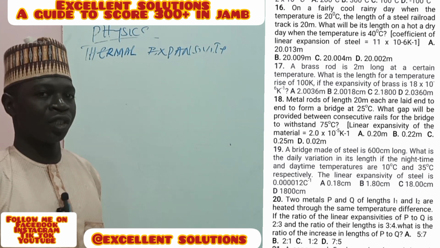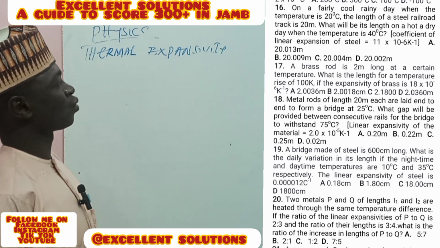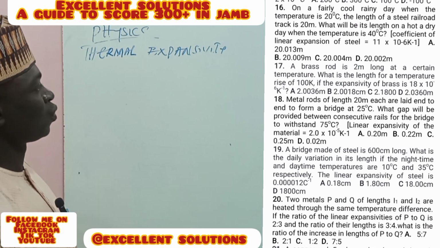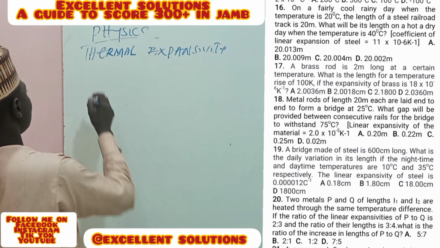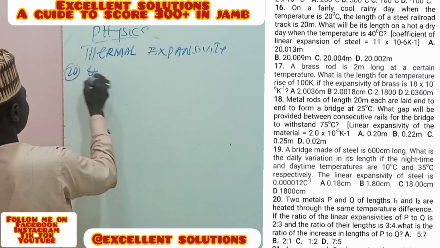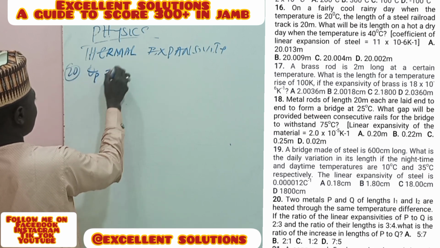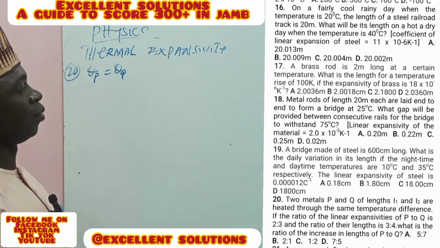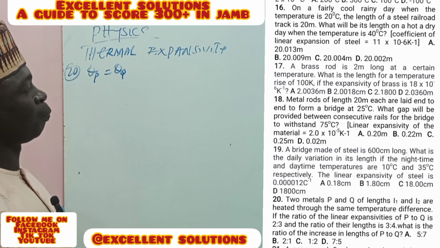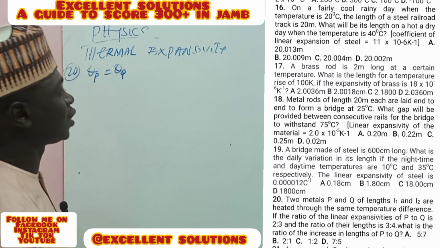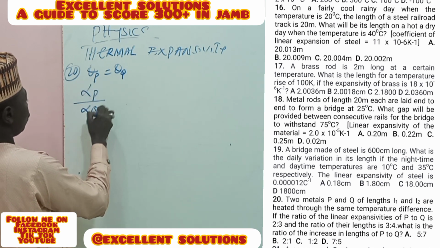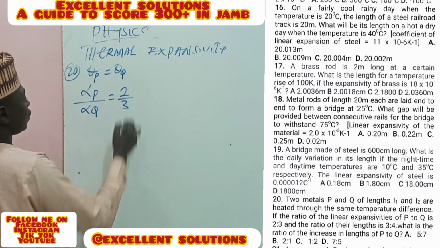The next question is question 20, and this question says two metals P and Q of length L1 and L2 are heated through the same temperature difference. So that means they have the same temperature difference, delta theta of P is equal to delta theta of Q. The ratio of the linear expansivity of P and Q is 2:3, so alpha of P over alpha of Q is equal to 2/3.